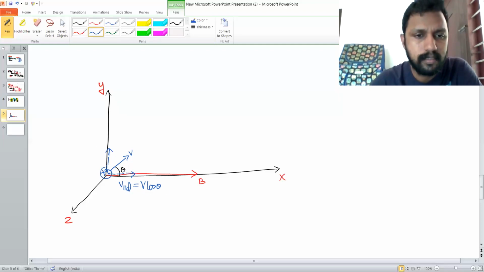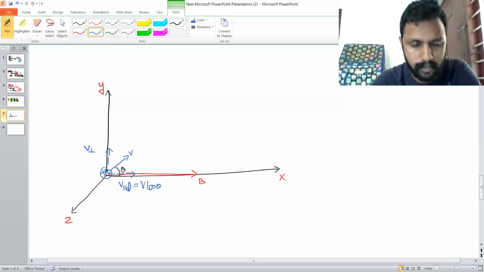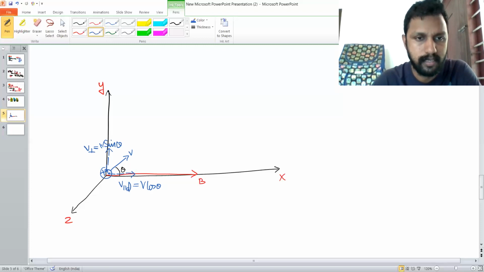Then this is the component of velocity which is perpendicular to the magnetic field, and it is V sin theta. As we have learned, the component which is near to angle is the cos theta component, and the component which is not near to angle is the sin theta component. This is our V sin theta component.